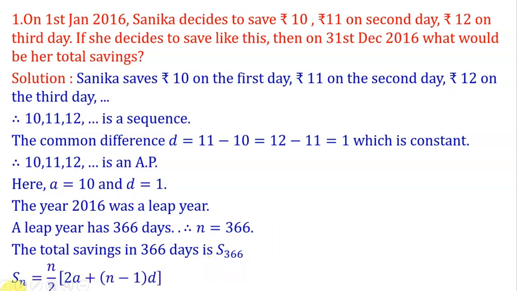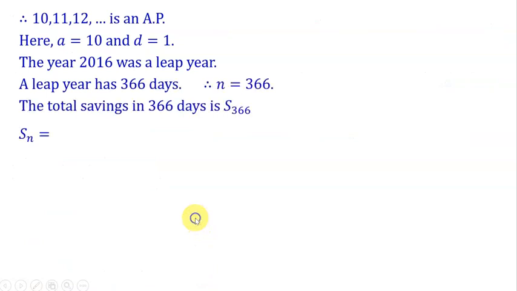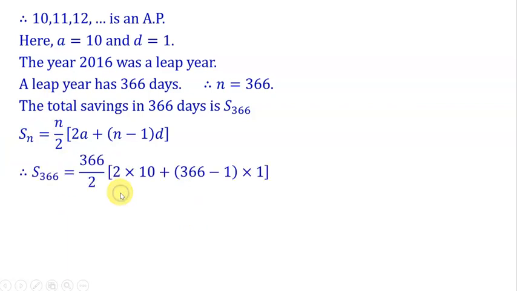Therefore, Sn is equal to N upon 2 in bracket 2A plus N minus 1 bracket complete into D. Now substitute the value. Here we have repeated it again. Sn is equal to N upon 2 in bracket 2A plus N minus 1 into D. N is 366 upon 2 in bracket 2 into 10 plus 366 minus 1 into D is 1.